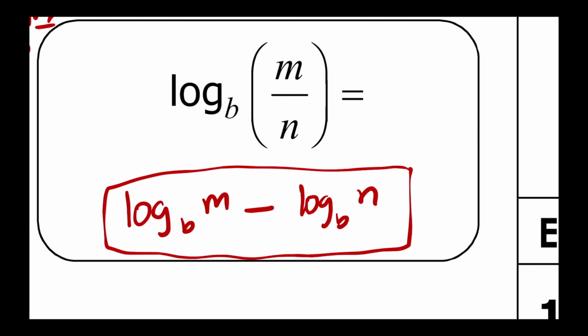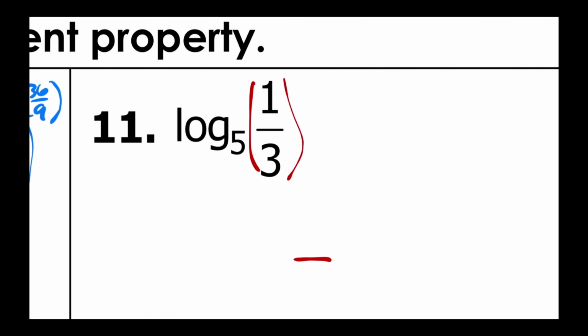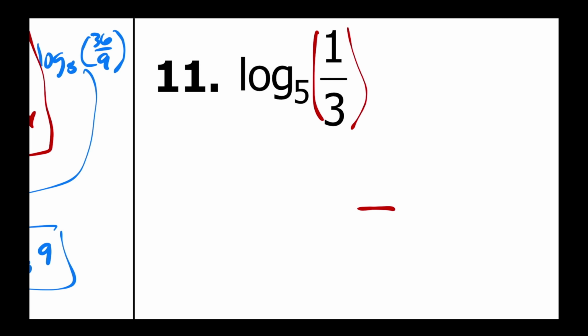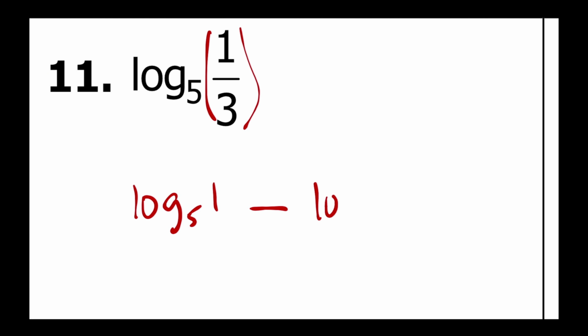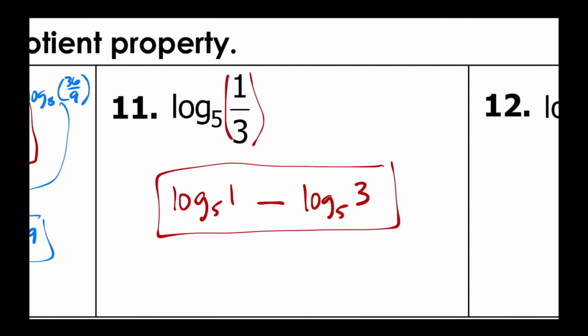And so let's go back and say, okay, I'm going to take the log base 5 of the top one, which is 1, minus log base 5 of the bottom one, the denominator, which is 3, and then that's it. That's all we're doing.